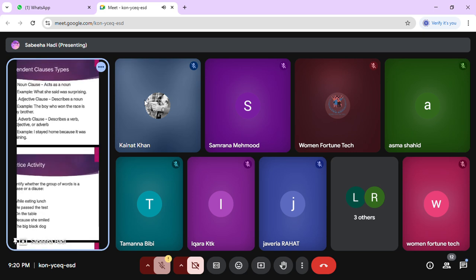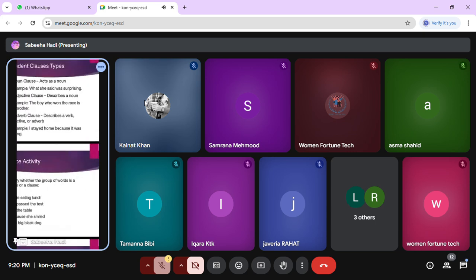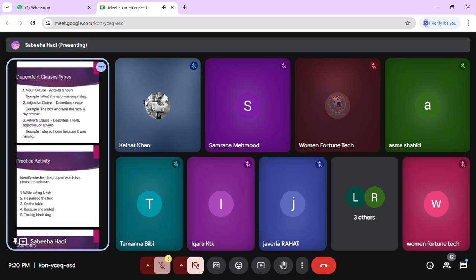Anyone? It is an example of an adverb clause because it modifies a verb, adjective or adverb.